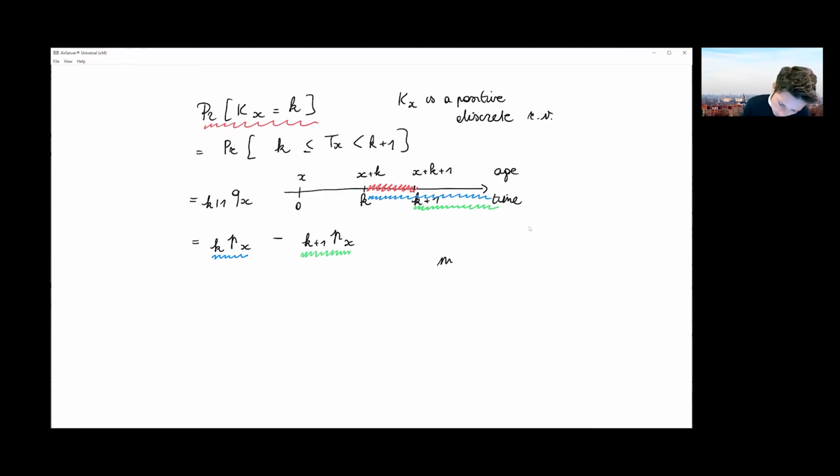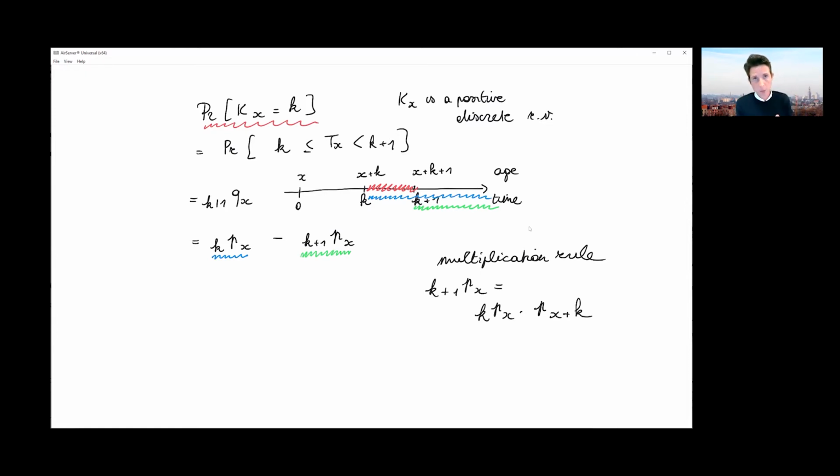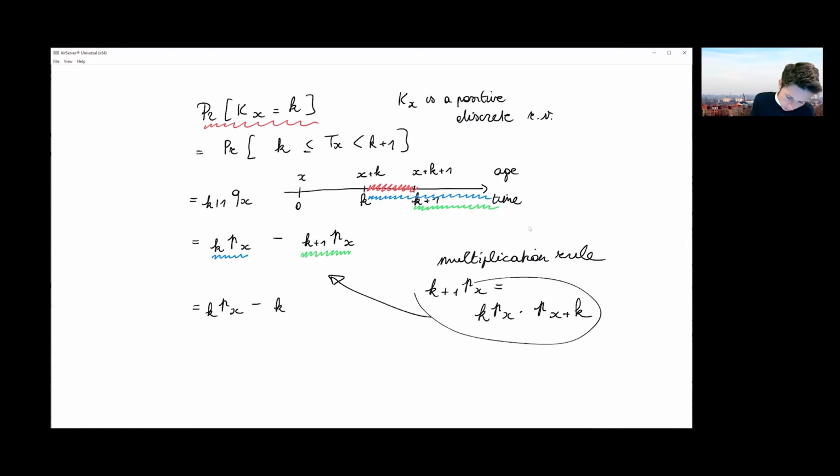Now, we learned something powerful on Monday, and that was our multiplication rule. The multiplication rule allows us to say that k plus 1 px is equal to kpx multiplied with px plus k. If you survive another k plus 1 years, then you first need to survive k years, you reach age x plus k, and then you need to survive another year. Plugging this into the expression we have over here, we retrieve kpx minus kpx multiplied with px plus k.